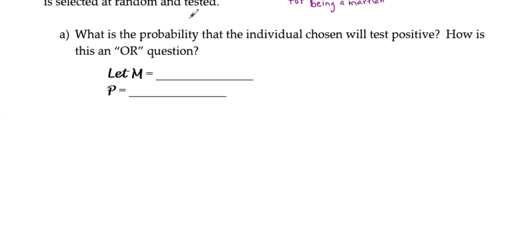So what we're going to do is start with a tree diagram. So in the beginning, you're either a Martian or you're not a Martian. So let's let M represent being a Martian. And it says that 10% of the population is a Martian, which means 90% of the population is not a Martian.